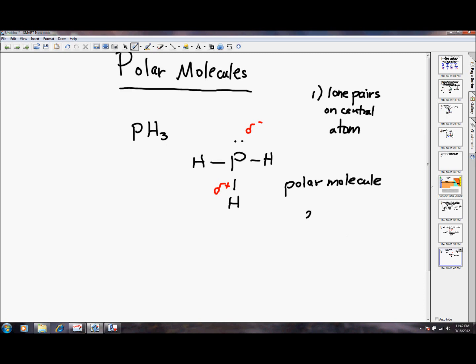The second way you can tell, if there aren't any lone pairs, is whether the molecule is non-symmetrical. Let's look at carbon dioxide. Remember carbon dioxide? We've done that before.